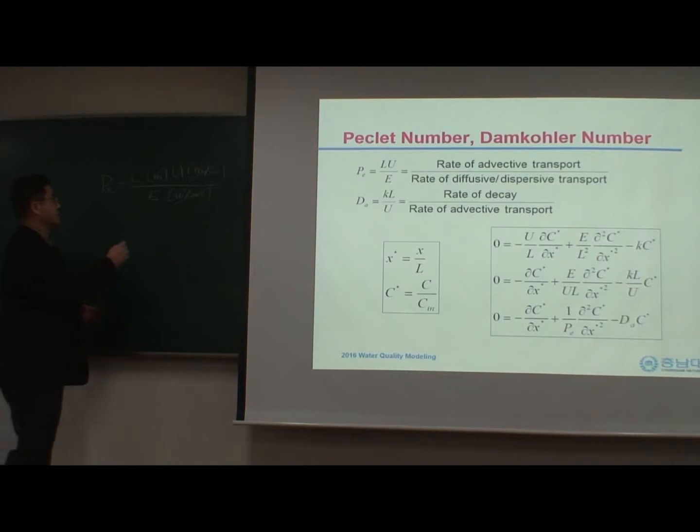In other words, this one has no unit, and this is just a number. So we call this a dimensionless number, a number without any dimension. This one gives us a lot of freedom.